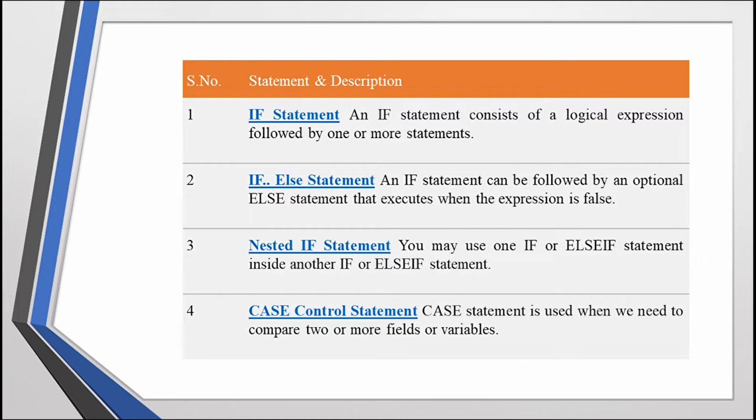The different conditional statements in SAP ABAP are the if statement, if else statement, nested if statement, and case control statement. In the if statement, only true statements will be there, or else the continuing statements.